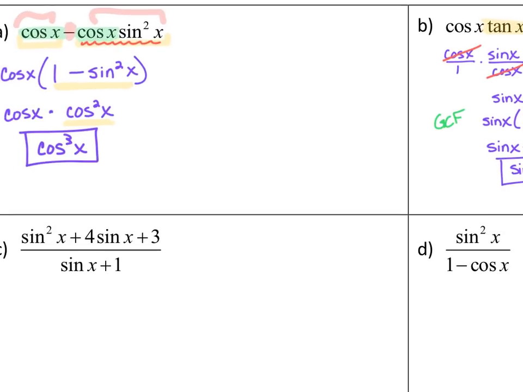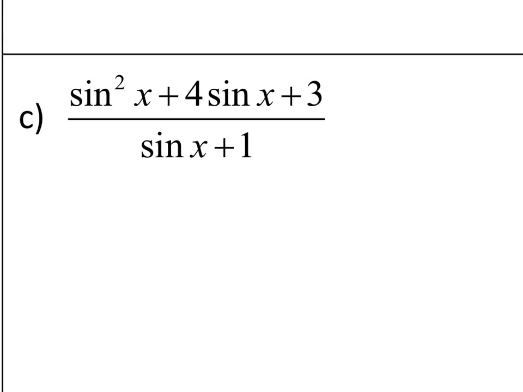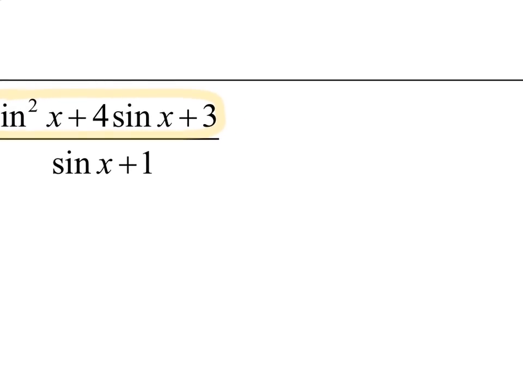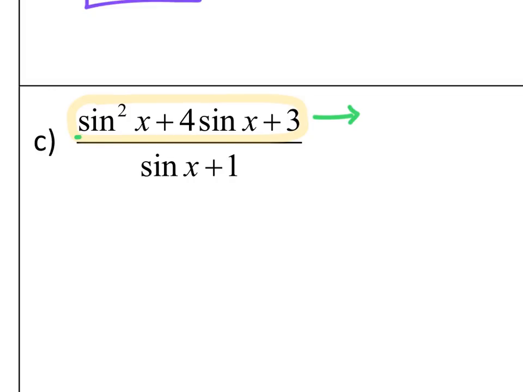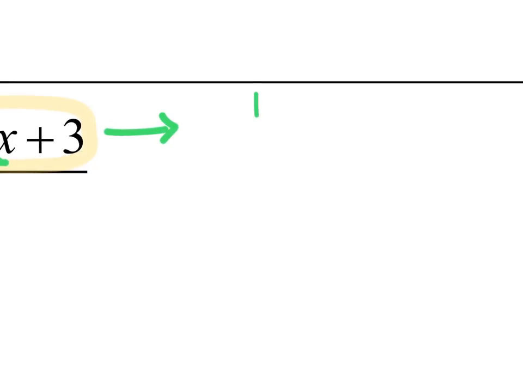Now, in this next problem, I want you to specifically notice the numerator. And here's what I want you to think. If I change or think about the sine of x as some other letter, so let's say that I'm thinking about that sine of x, I'll replace it with the letter a, for example.